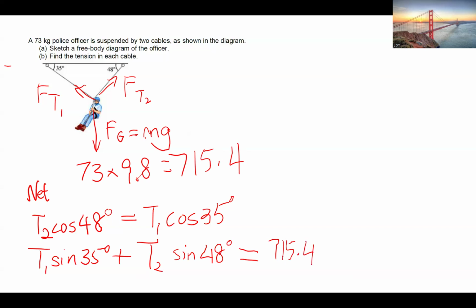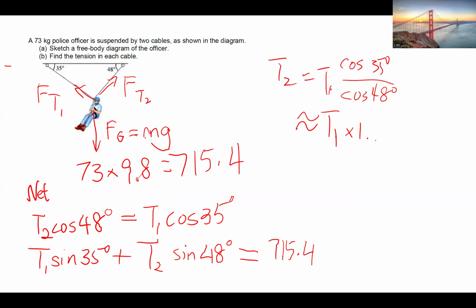So we solve for T2, which is T1 times cosine 35 over cosine 48 degrees, which is about T1 times 1.2247.